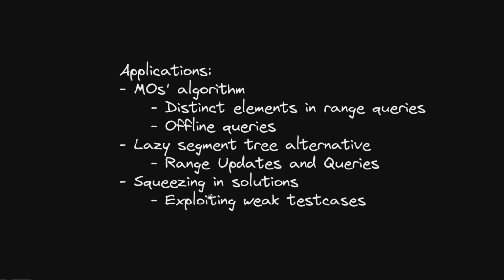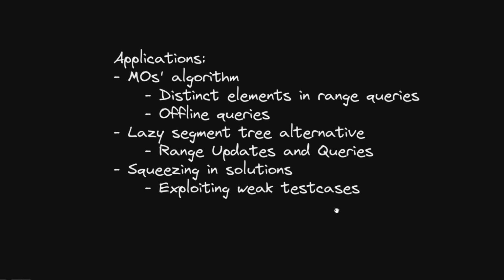Mo's algorithm can help you. What it basically does is arrange the queries in such a way that moving from one query to the other, there can be at most square root of n new added elements in that range that we are considering. So that is the basic idea. We can discuss it in another video.